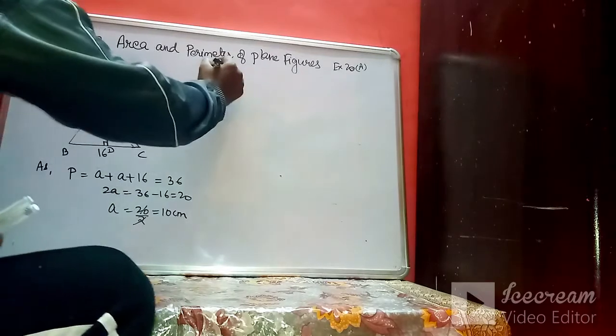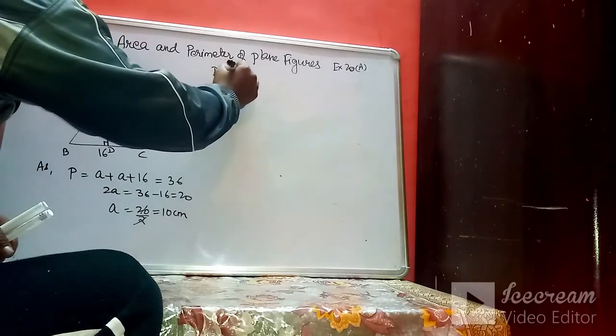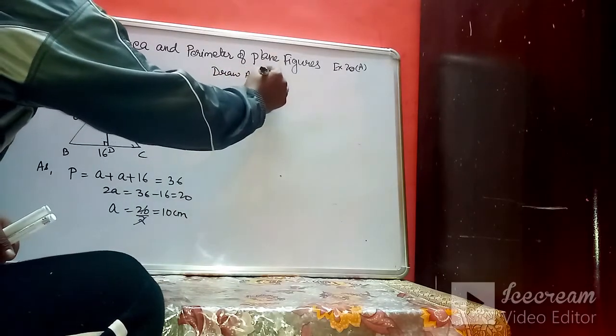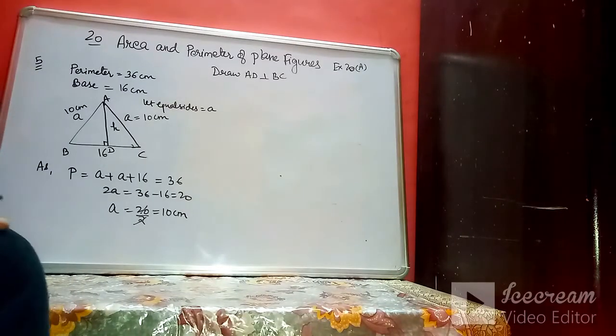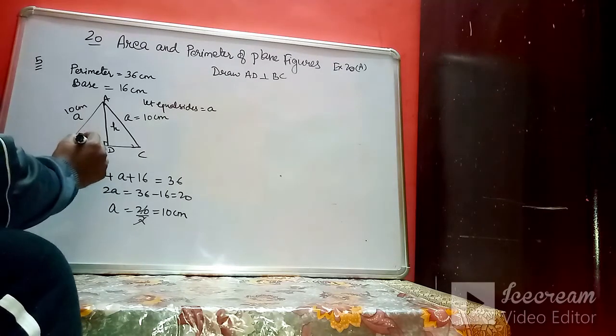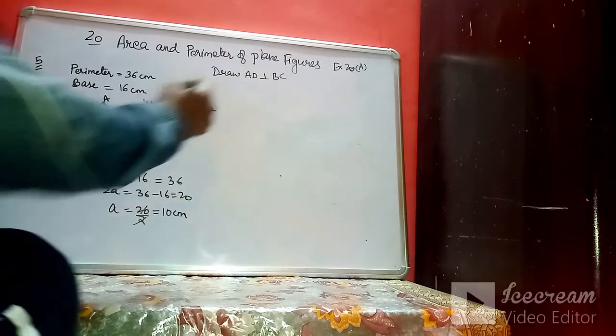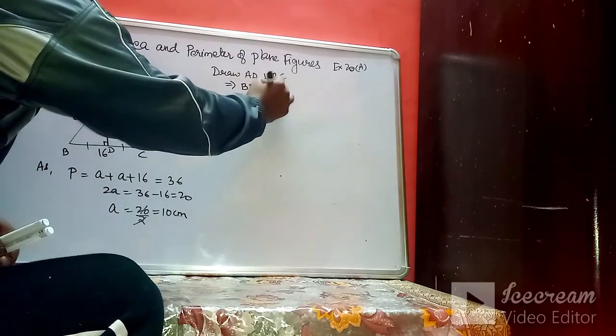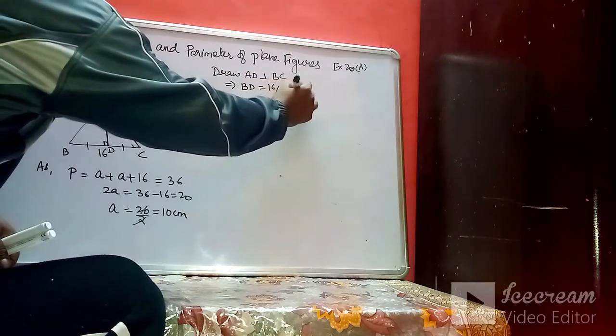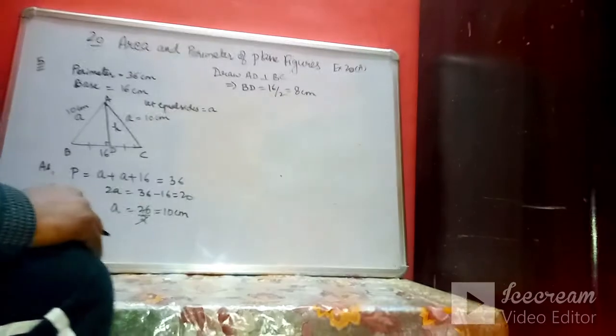So I will draw AD perpendicular to BC. There is one property of isosceles triangle: if you drop a perpendicular to the unequal side, then it will always bisect the unequal side. That means now BD will be equal to 16 by 2, that is 8 centimeter.